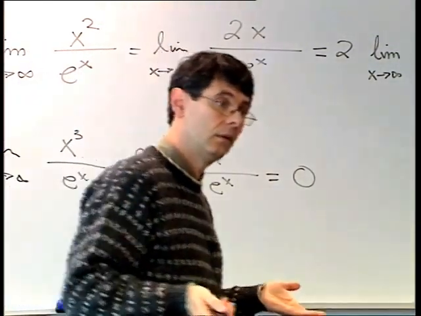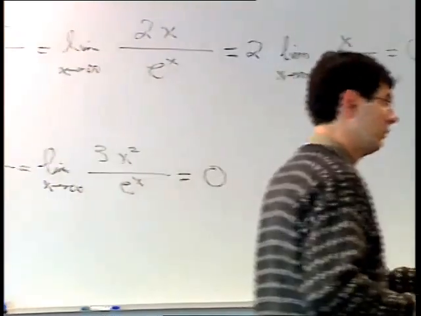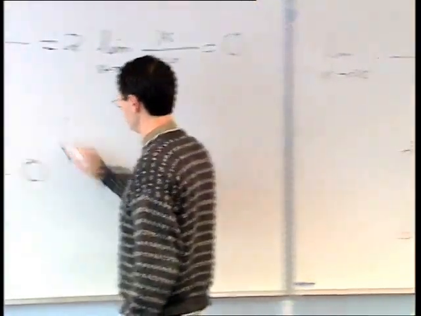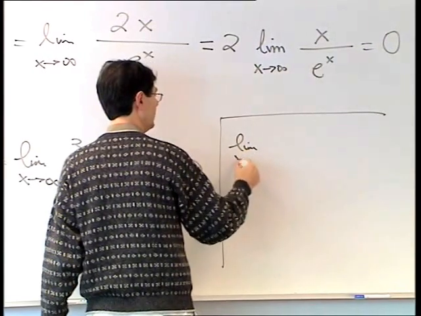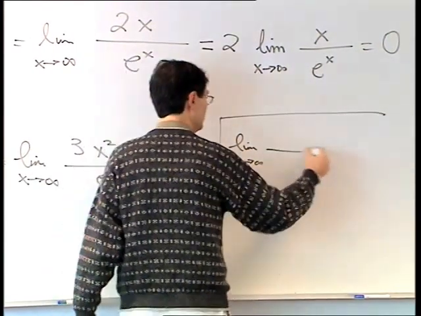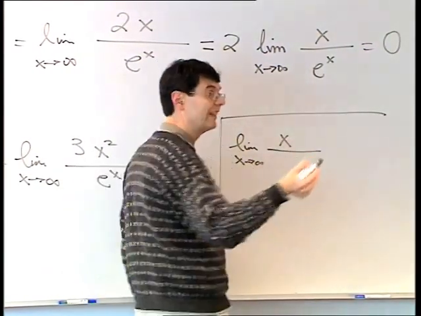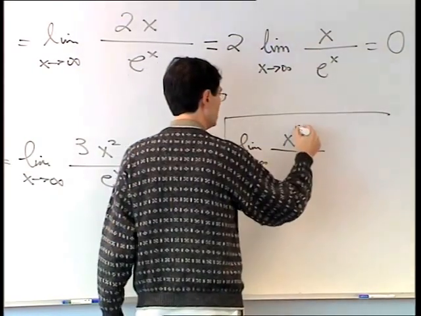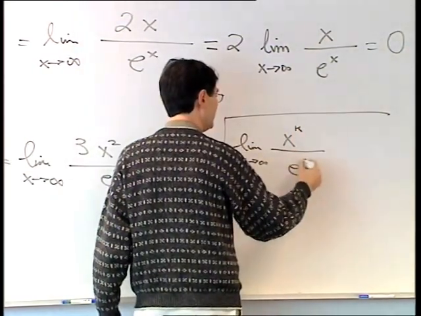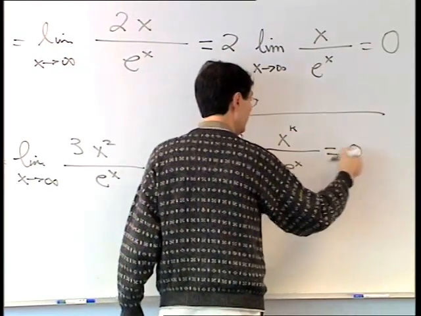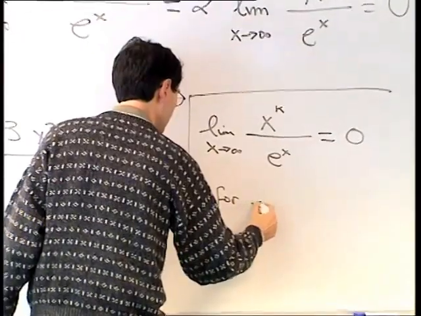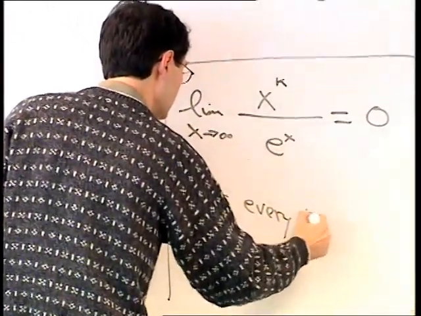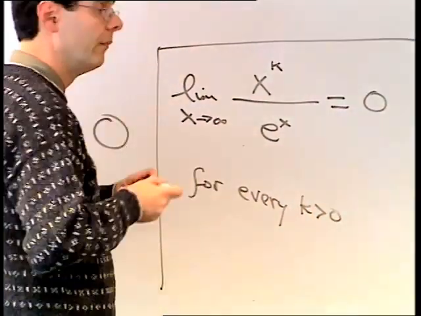Okay? X to the 4th, x to the 5th. In fact, the limit when x goes to infinity of x to the power k divided by e to the x is going to be 0 for every k positive that you put in there.